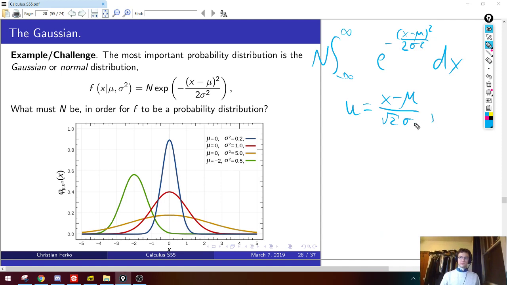du is going to be, let's see, 1 over root 2 mu. Root 2 mu. Why mu? Mu's a constant, right? Wait, then what's sigma? Mu and sigma are both constants. x is the only variable here. Okay, I thought you were telling me that sigma was mu. I meant sigma.